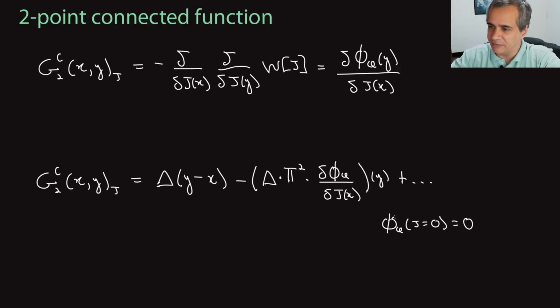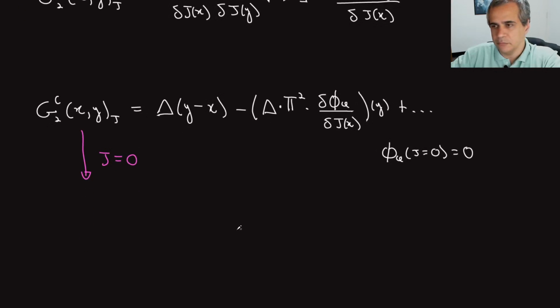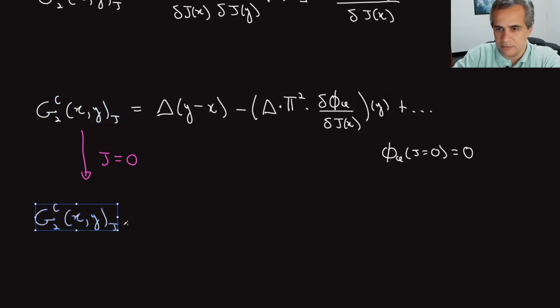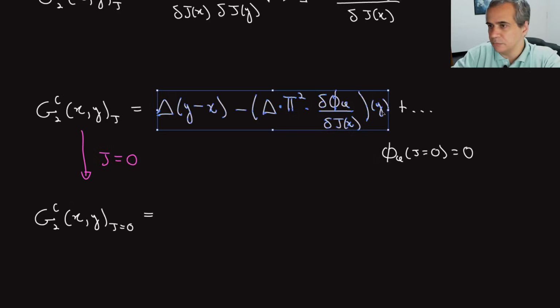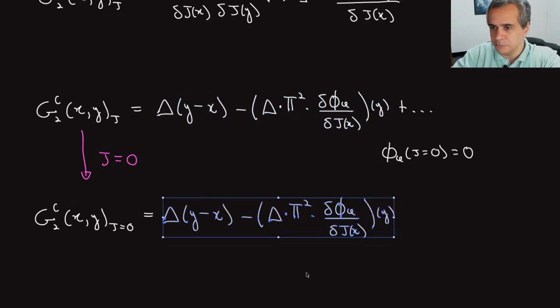But let's assume that if phi classical is 0 when J is 0, that means I can ignore all those terms, and this is true for most theories. Now J equals 0. These I just copy down here. This term stays the same.